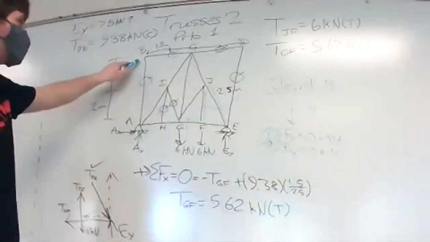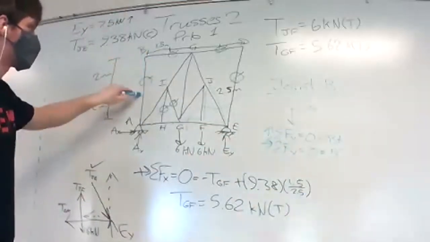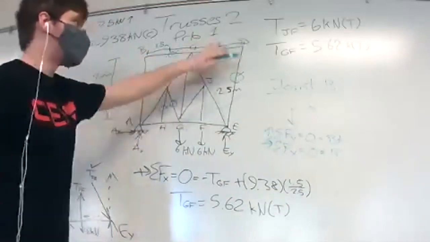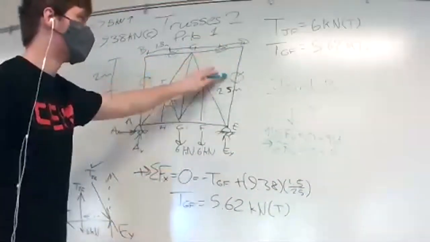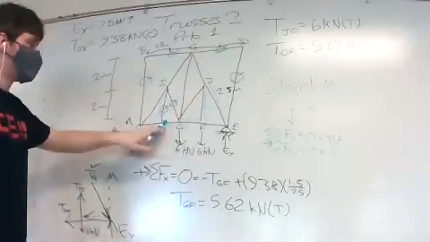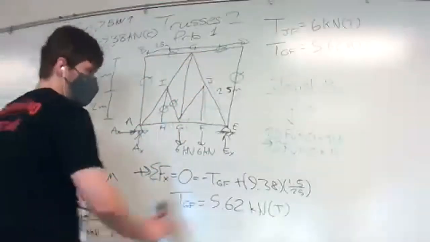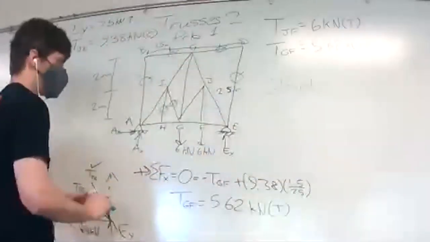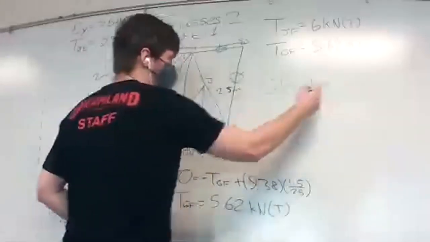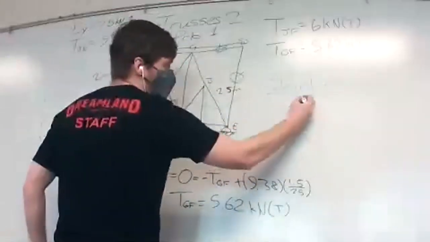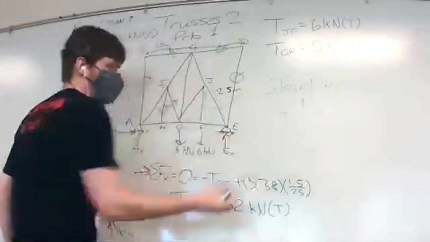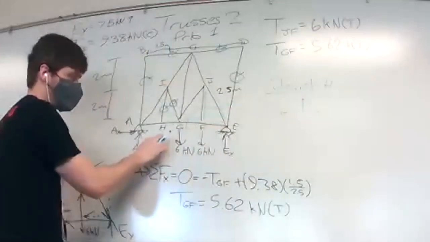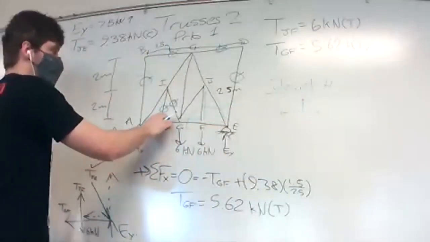You can just look at B and see that you take this joint, and there's nothing else going on there. Then finally down here we have joint H, where if you were to take your cut, you can see in the Y direction this is your only thing going on. There's no applied load down here. So this must be 0.